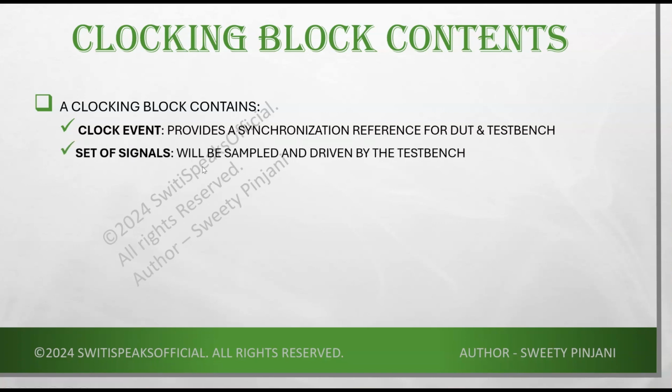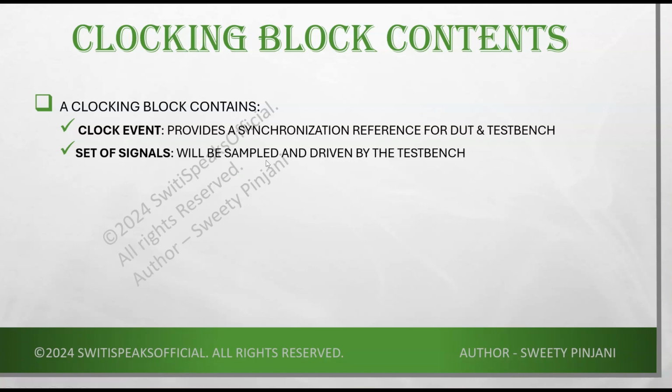The next thing present inside your clocking block is for sure the set of signals. We said we need a set of signals in the clocking block. And what these set of signals will do? They will be sampled if it is an input, and if it is an output, it will be driven.